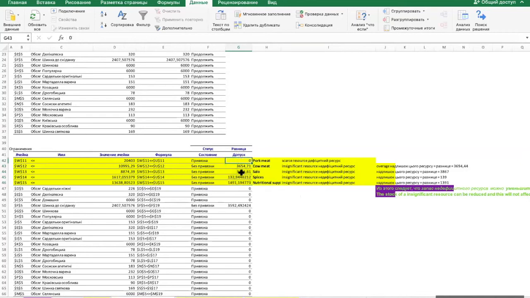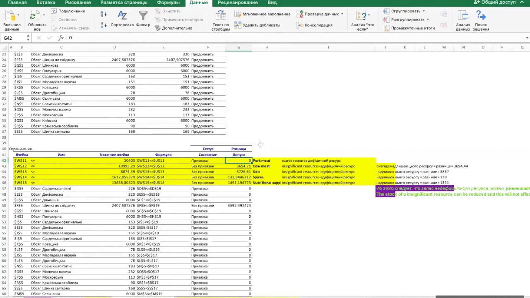By using this information, we can say that some resources are very significant for us, and it is a scarce resource. For example, where we have 0, it means that it is a scarce resource for us because we need to use the full amount or full quantity of this resource to provide our optimal plan.